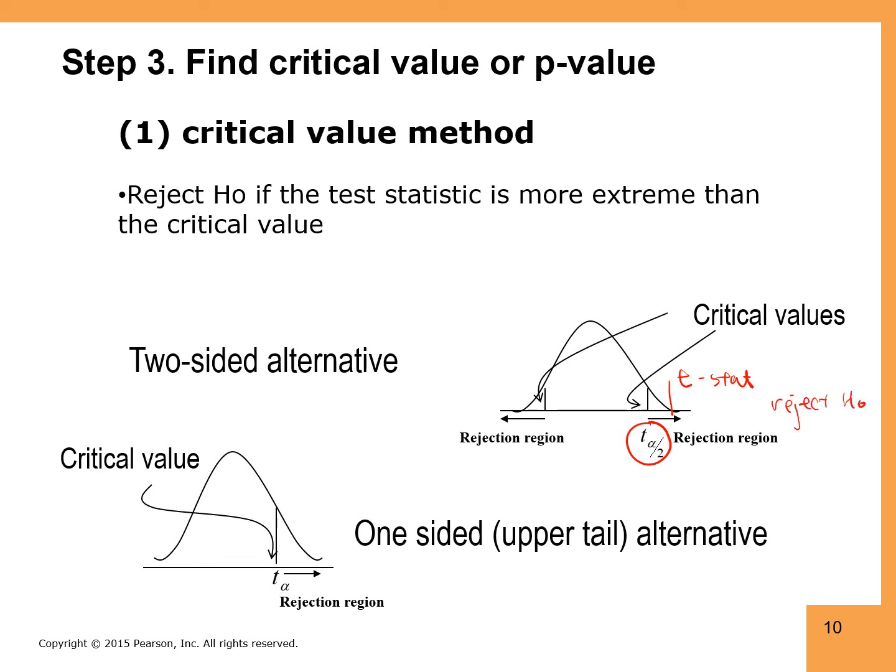This critical value can be different if you have a two-sided alternative or one-sided alternative. In our case, we have a two-sided alternative, so that's what we're going to work with.